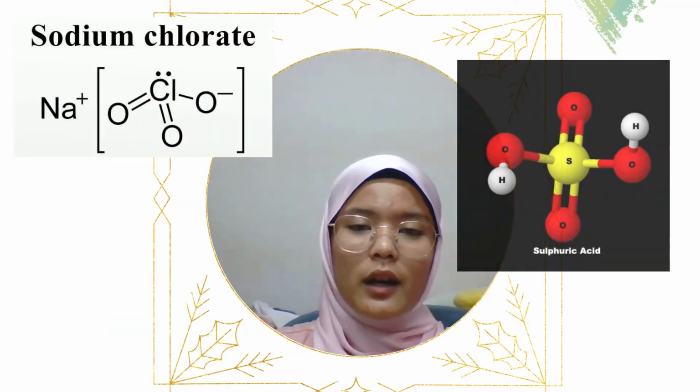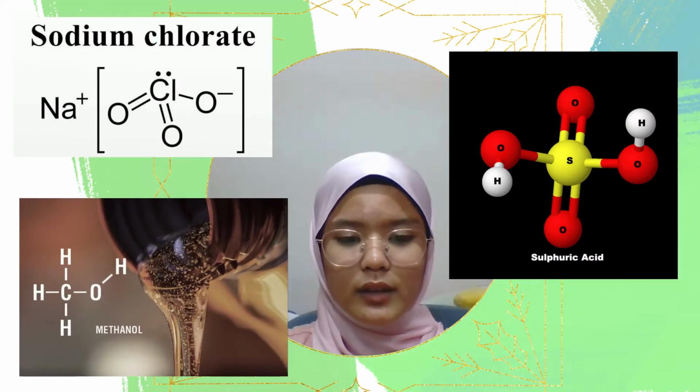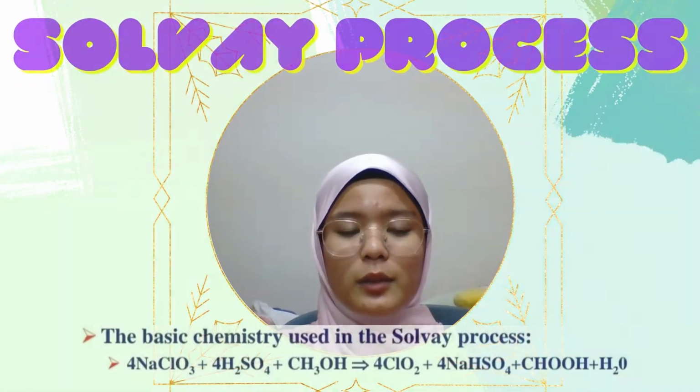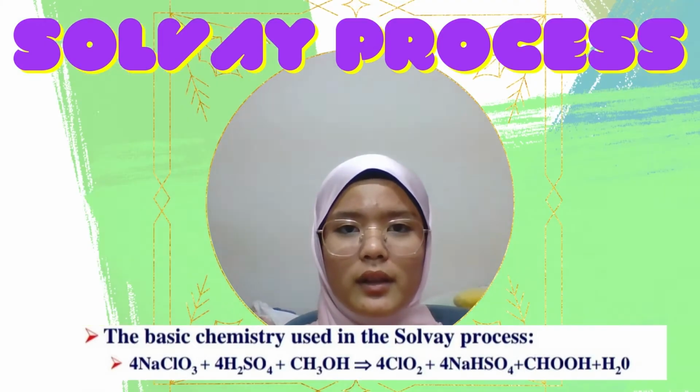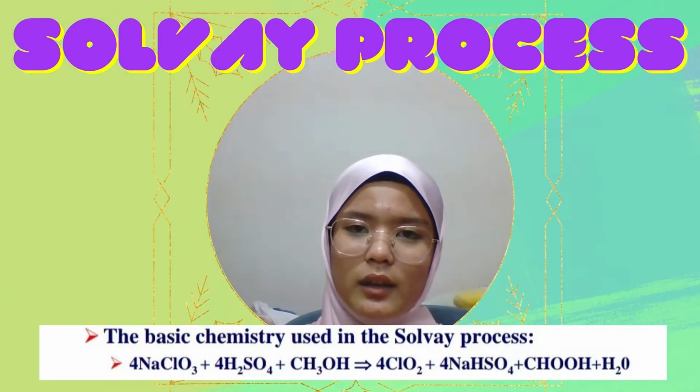In chlorine dioxide generation, the chemicals involved are sodium chlorate, sulfuric acid, and methanol. These three chemicals are mixed together in a process called the Solvay process to produce chlorine dioxide, as well as sodium bisulfate, formic acid, and water.